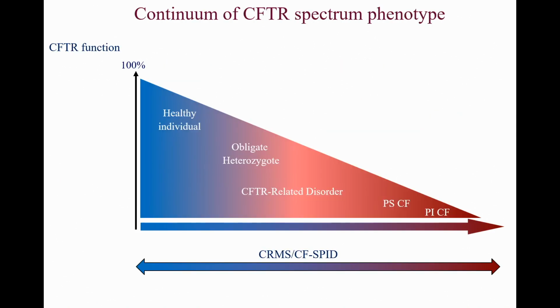And so this potential evolution from an asymptomatic infant to children or adults diagnosed later in life with CF or CFTRD illustrates the continuum of the CFTR phenotype spectrum, from asymptomatic obligate heterozygote to patient with CFTR-related disorder, pancreatic sufficient CF patients, and pancreatic insufficient CF patients.